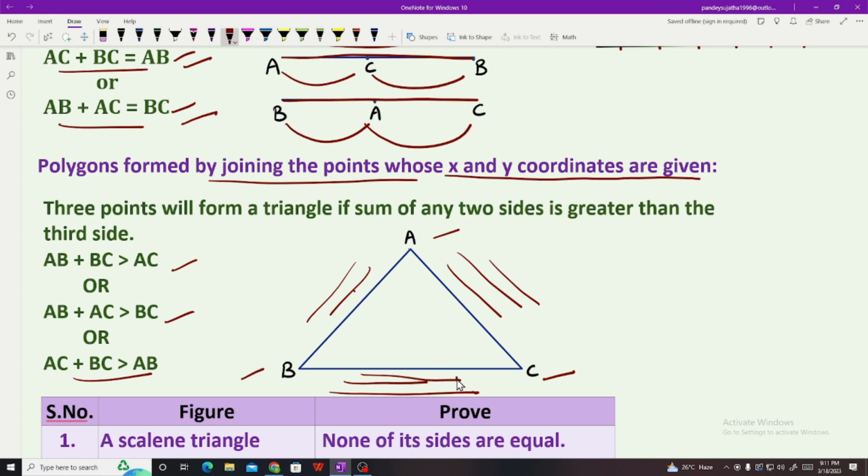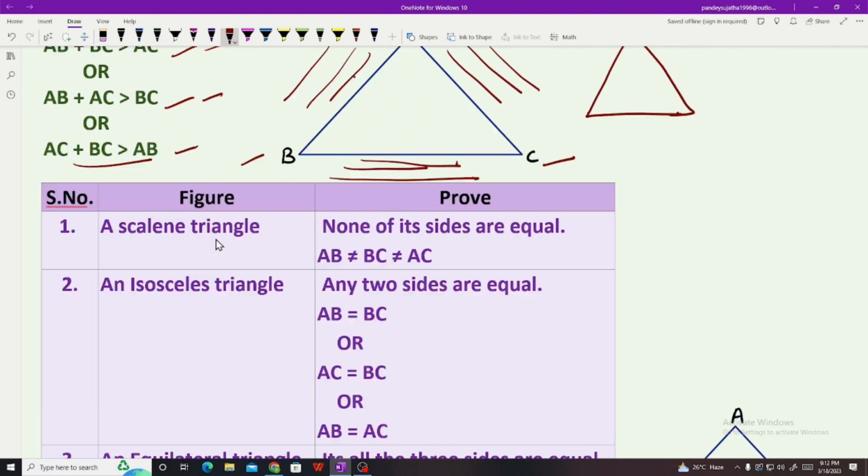So if you are able to prove any one of these conditions, then we can say that the points A, B and C, when we join them together, form a triangle.